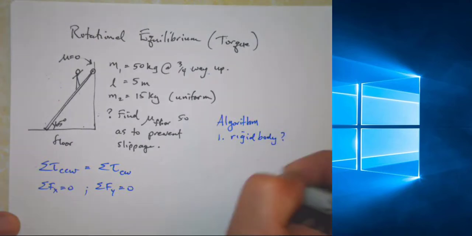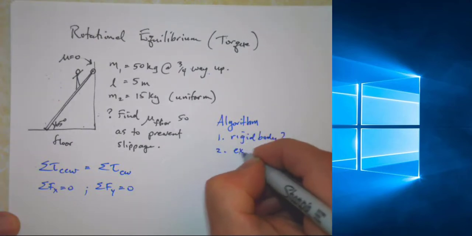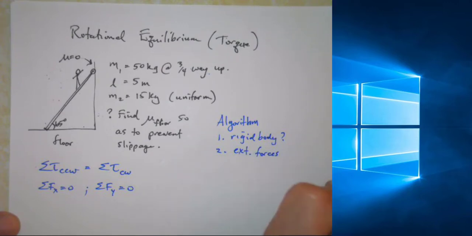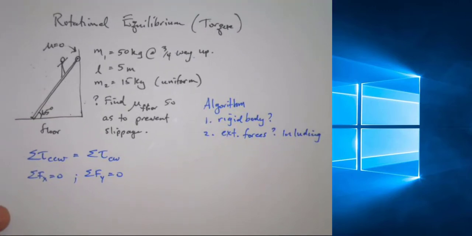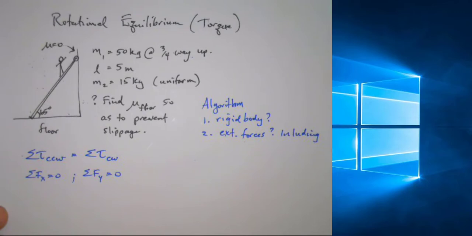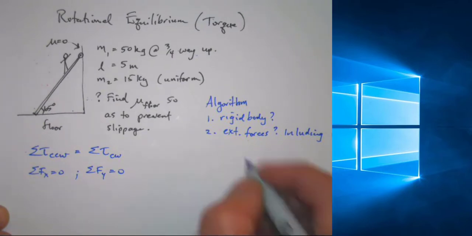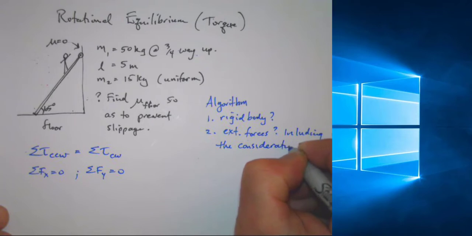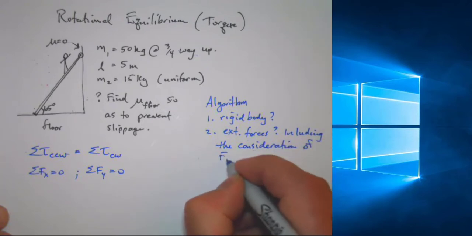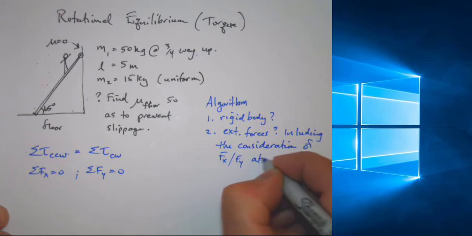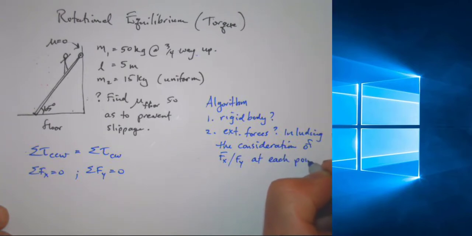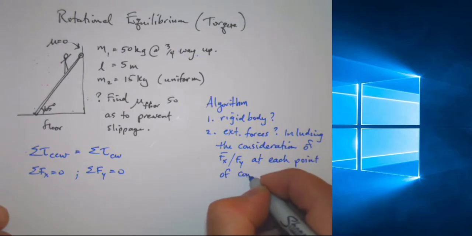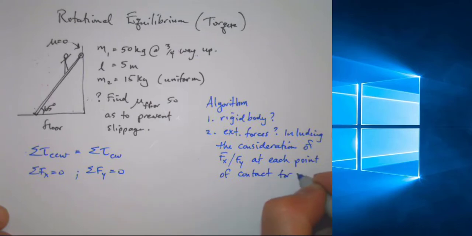I'll put that as rigid body question mark. 2, I want to label all external forces, and that is including the consideration of Fx, Fy at each point of contact for the rigid body.